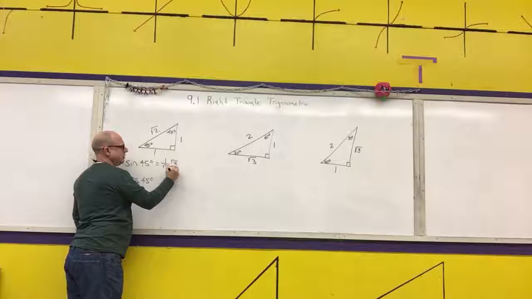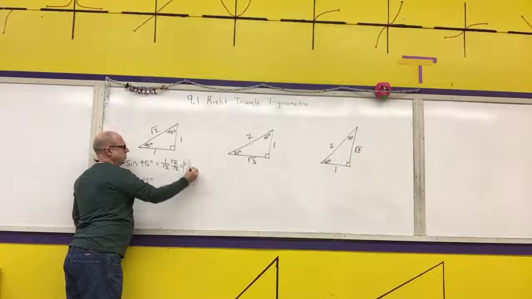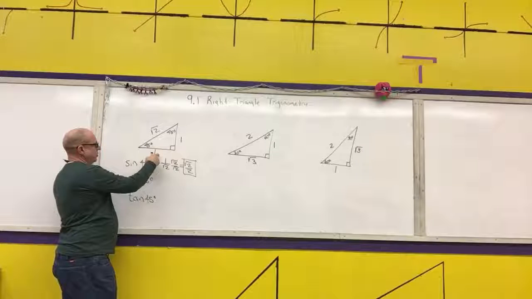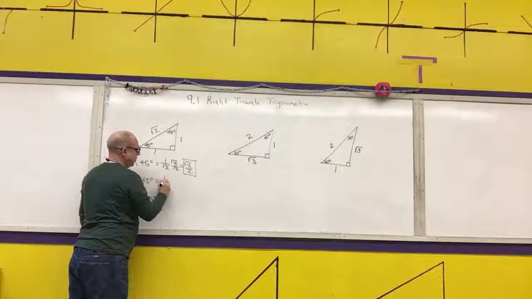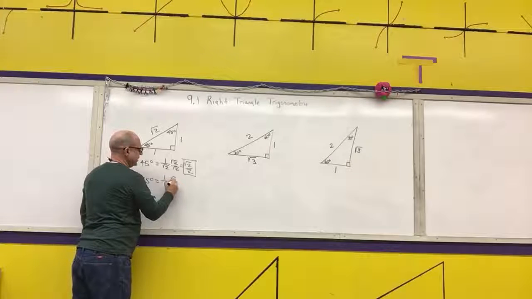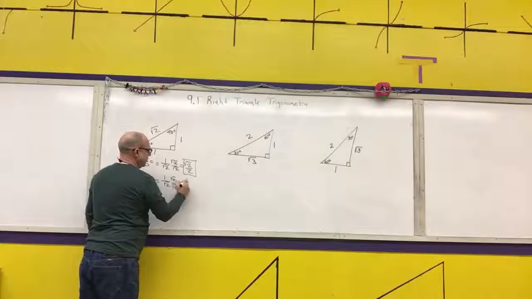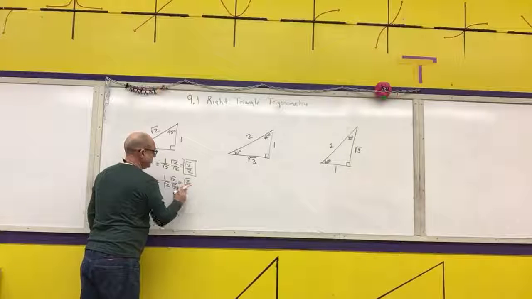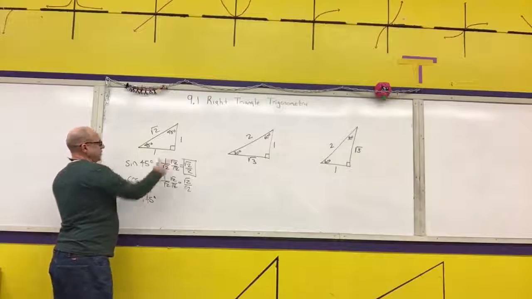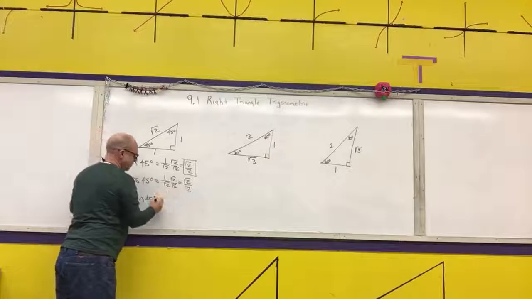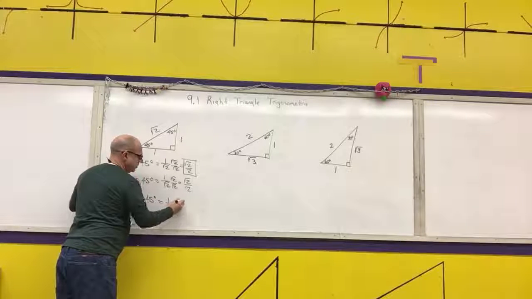Rationalize it, and you get square root of 2 over 2. Cosine is adjacent over hypotenuse, 1 over root 2. Rationalized is square root of 2 over 2. Tangent is opposite over adjacent. It's 1.